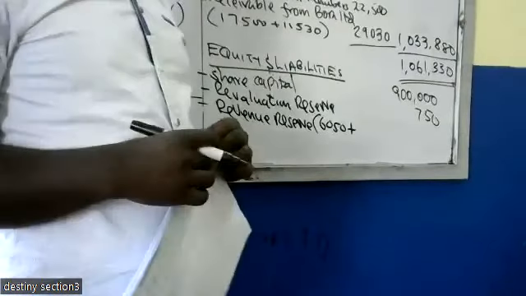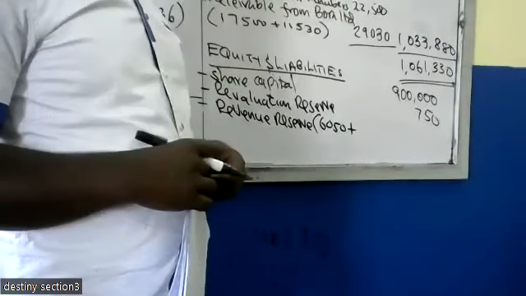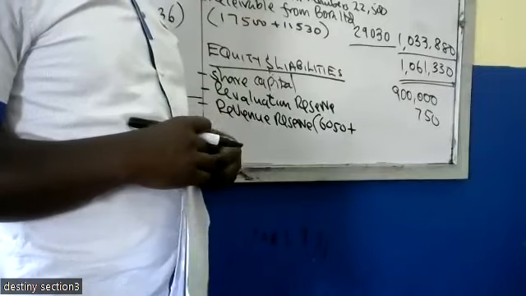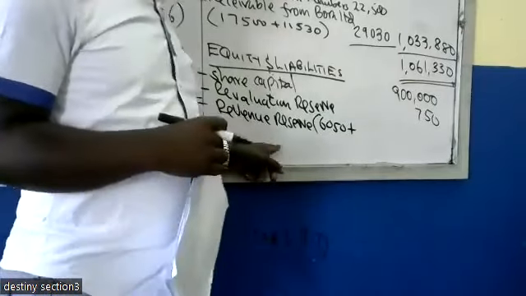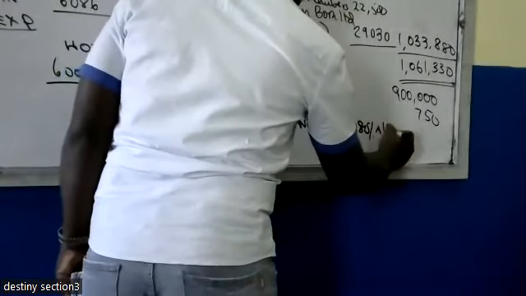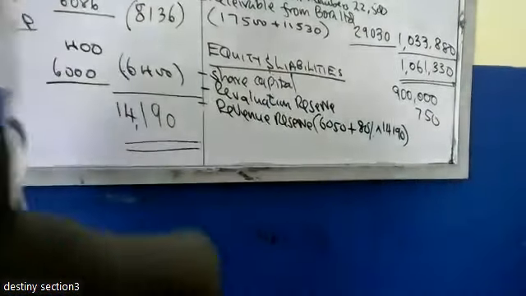They said of the surplus, 20% is being taken to statutory reserve fund account. So what goes to revenue account is 80% of that 14,190. 20% will be to the statutory reserve account.